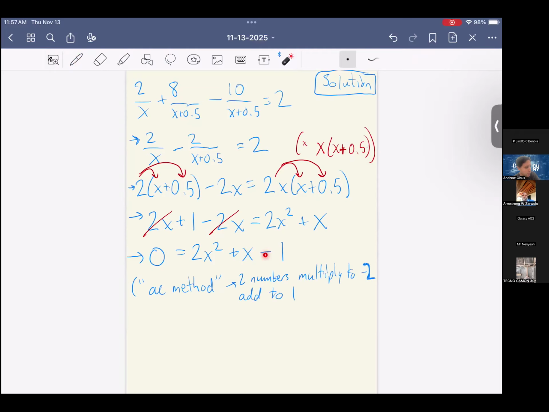That's pretty easy to see: the two numbers are 2 and minus 1. You can do that with trial and error.